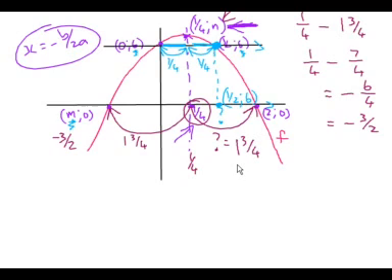Let's start with the standard formula for a parabola. y is equal to ax squared plus bx plus c. We have the value of c. That's 6. Do you agree?